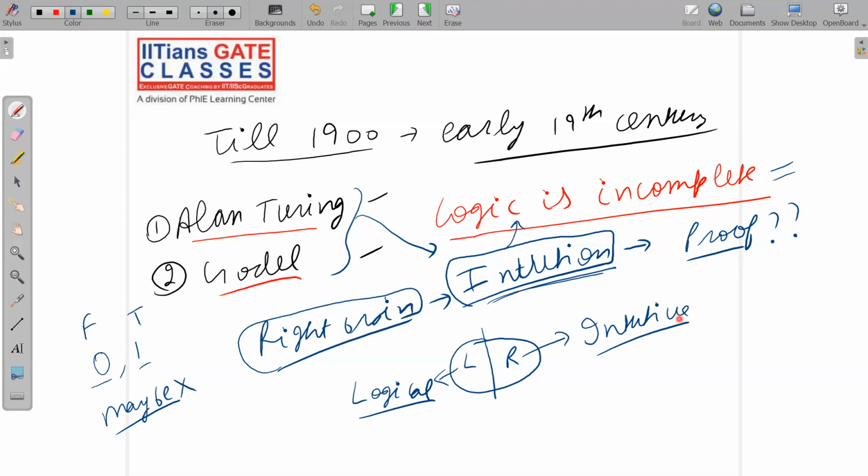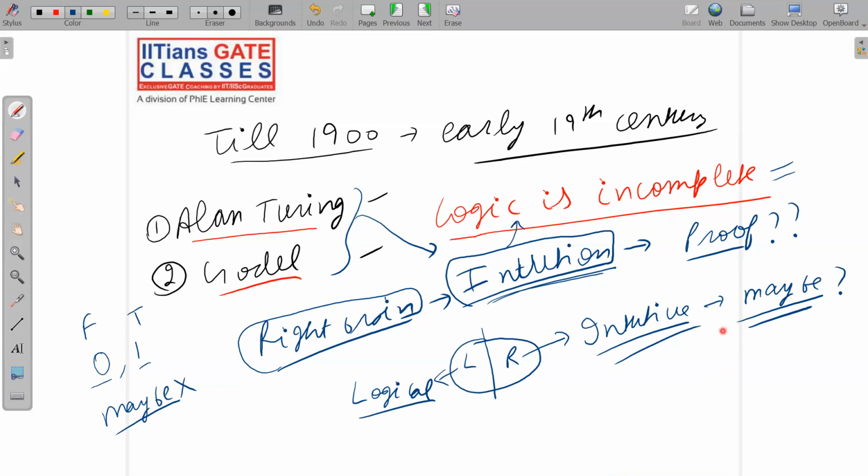And right brain is intuitive, which led you to think about what exactly this may be, and so on. Until now, nobody knows what exactly intuition is.